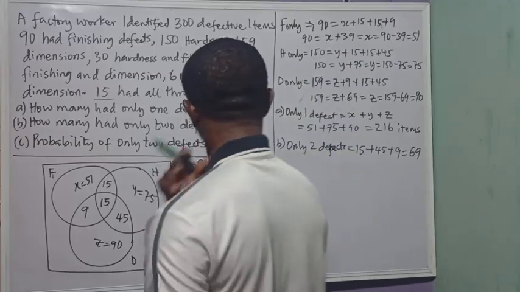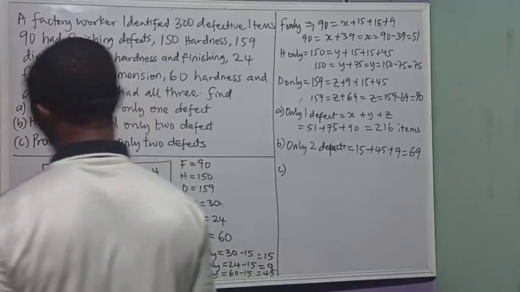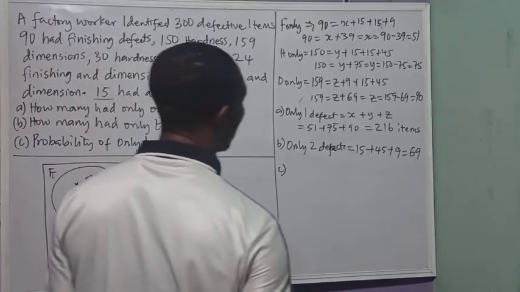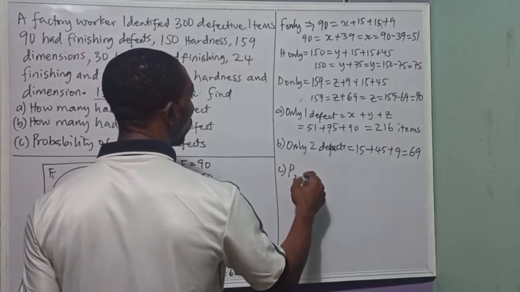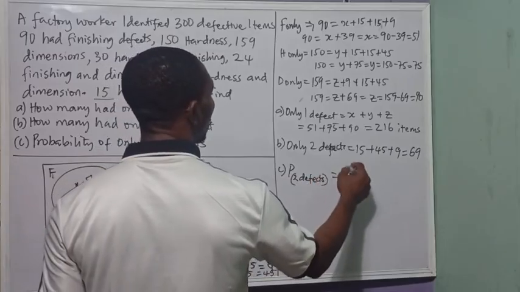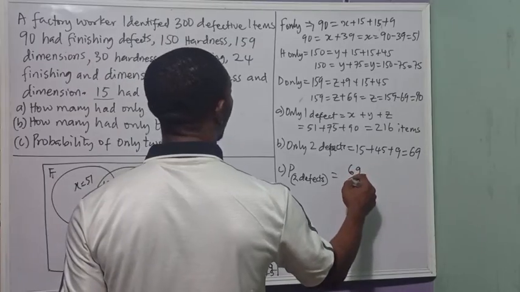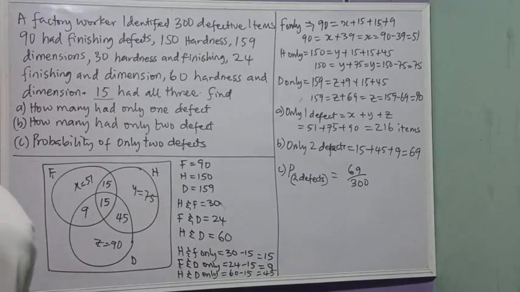So 69 items had two defects. And C, the probability that an item is picked and it has only two defects. Probability of two defects will be 69 over the total number, 300. Okay, with that, we've answered the question on sets.